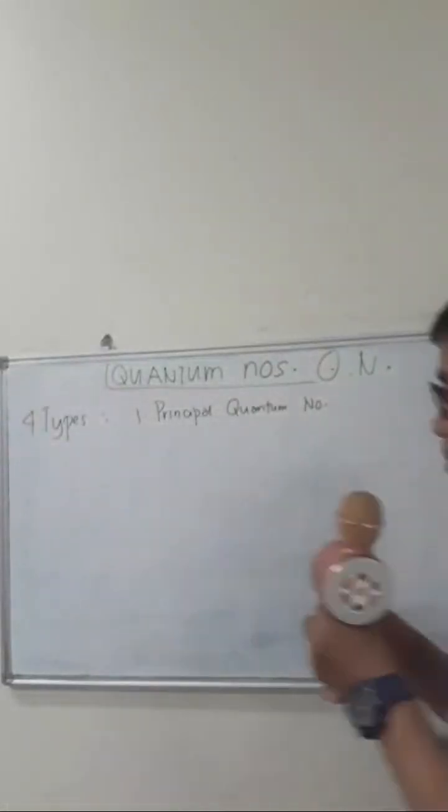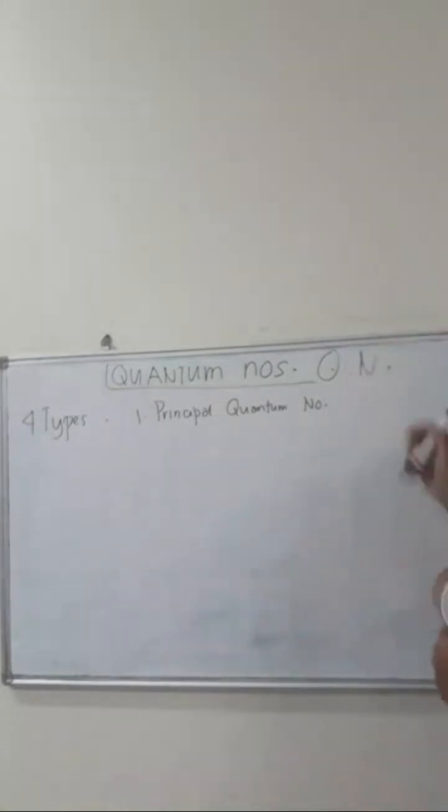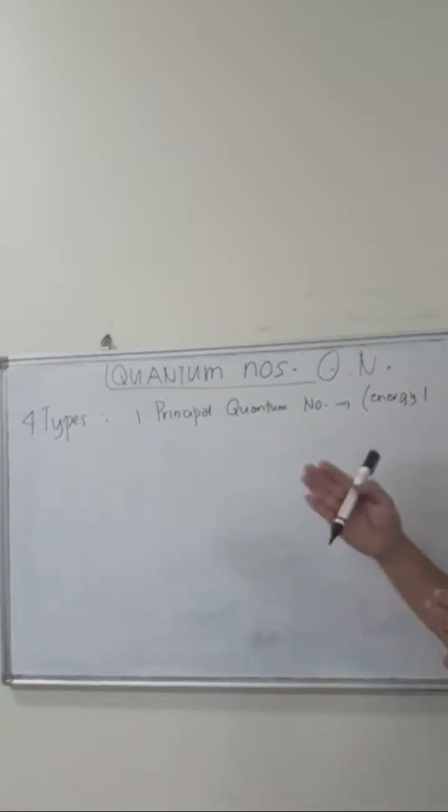And we have the principal quantum number. The principal quantum number talks about more on the energy level. So this is the key word in your memorization. Okay, energy level. And when we phrase that in a sentence, we can create the definition.